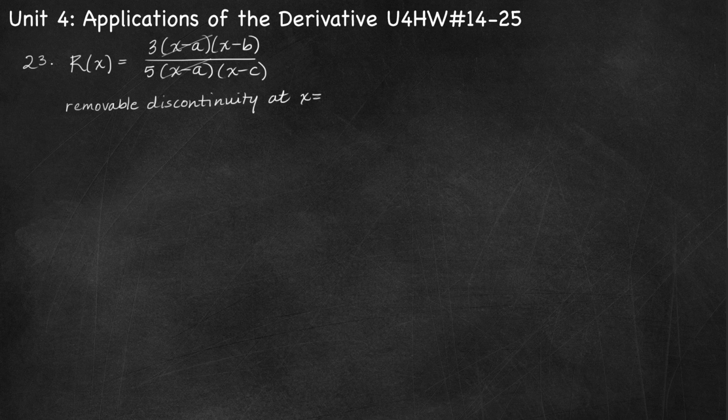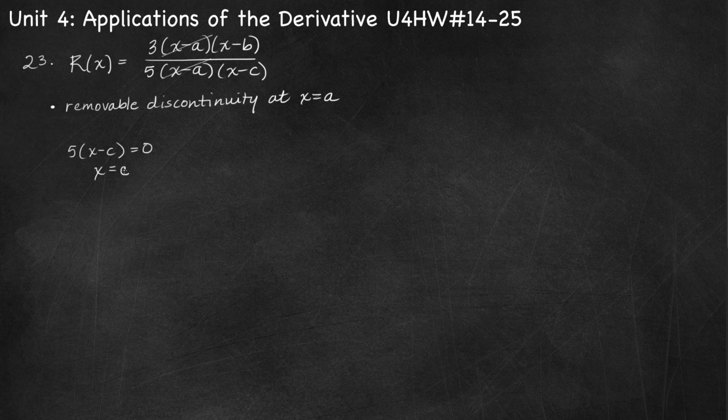At x equals a. To find my vertical asymptote, I'm going to set the denominator equal to 0 and solve. So 5 times x minus c equals 0. That has a solution at x equals c.